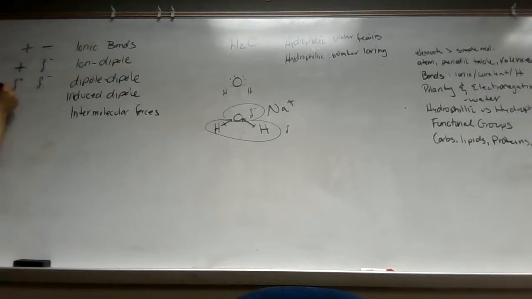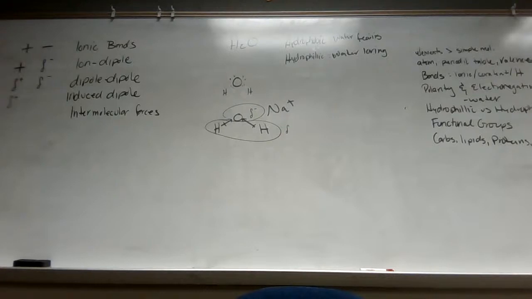Induced dipole: you have a partial positive charge, and the positive charge is attracted to electrons. So it's going to draw electrons even from things that aren't partially charged. Basically it creates a partial charge.